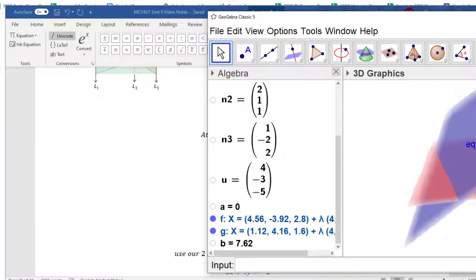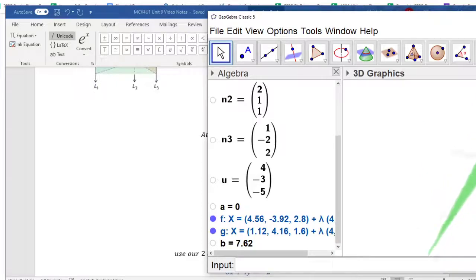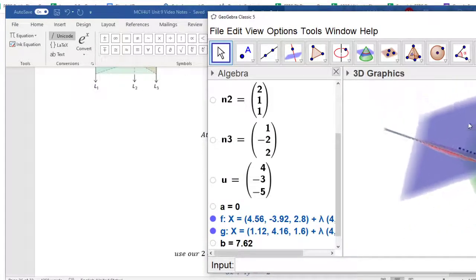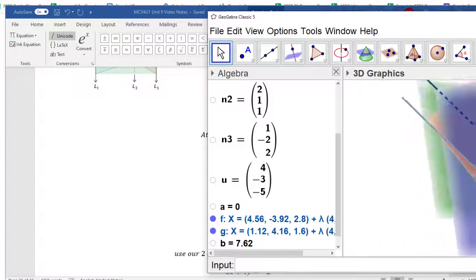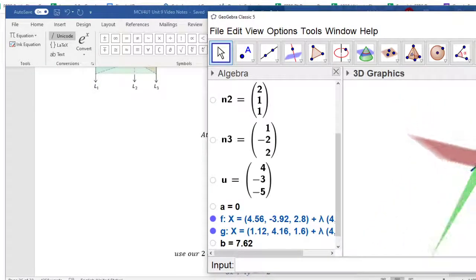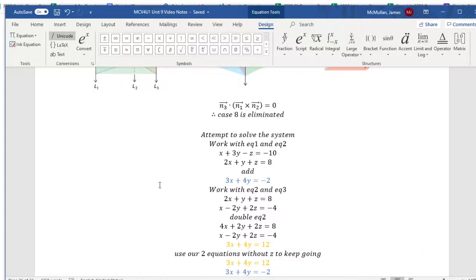We could also intersect EQ1 with EQ3, and that would just give us that one there. Okay, so there you go. So that case is case 6 where it's inconsistent because there's nowhere that's common to all three.